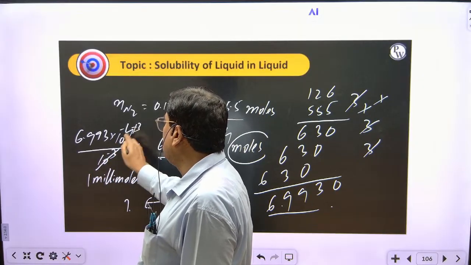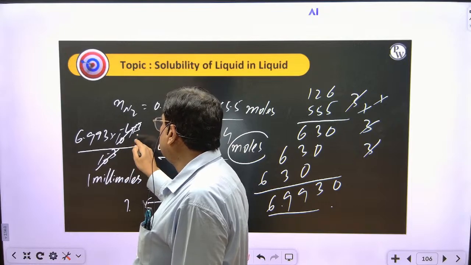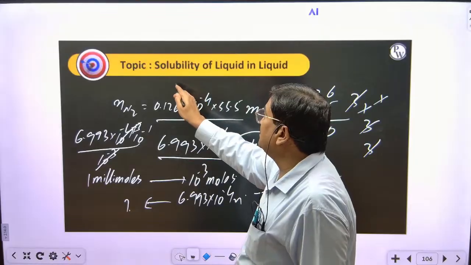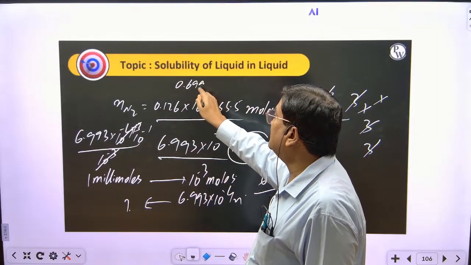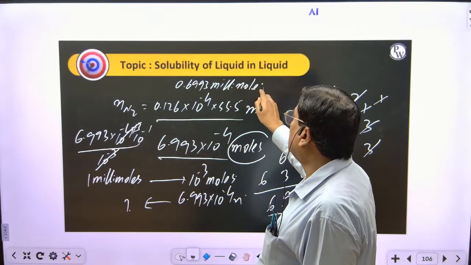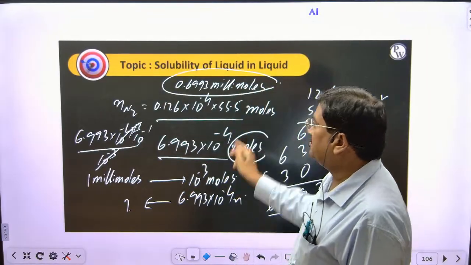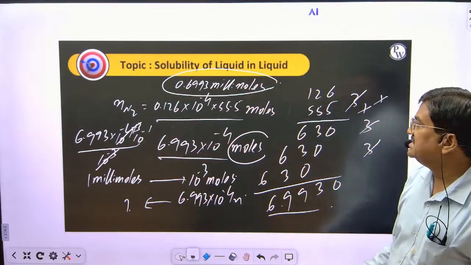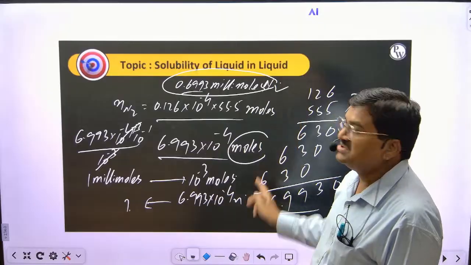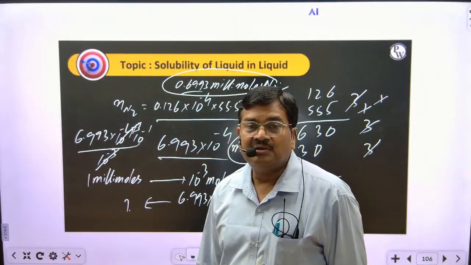When I bring the minus 3 to the numerator, it becomes 10 power minus 1. That means if I place the decimal after one digit, you will get 0.6993 millimoles. Check, everyone, did you get the same answer? Approximately 0.6993 millimoles of nitrogen is present in 1 liter of water.